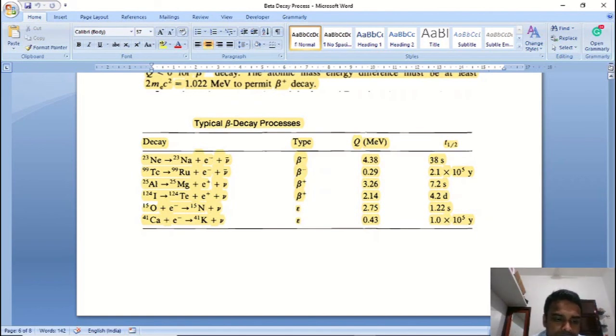Next we will see the beta decay theories. Okay. Thank you.